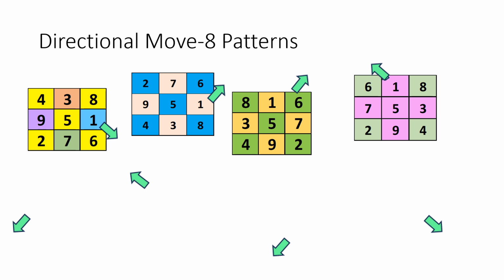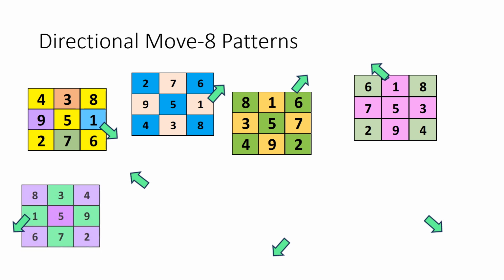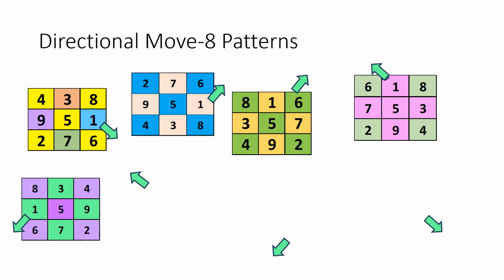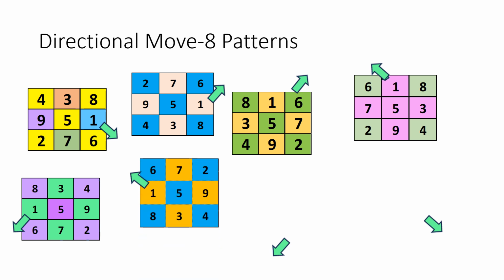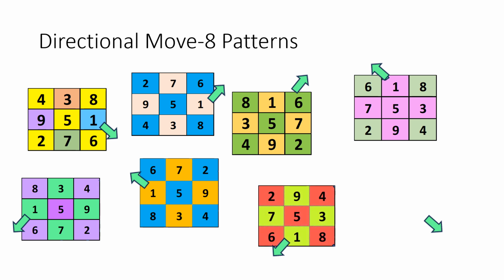When you divide the sum of the first number and the last number by 2 of any odd-order magic square, it can be 3 by 3, 5 by 5, 7 by 7, 9 by 9, you will get the middle number of the magic square, which always falls at the center. So the first, last and the middle number lie on the same line. 1 plus 5 plus 9. 1 is the first number, 9 is the last number, and the middle number is 5.